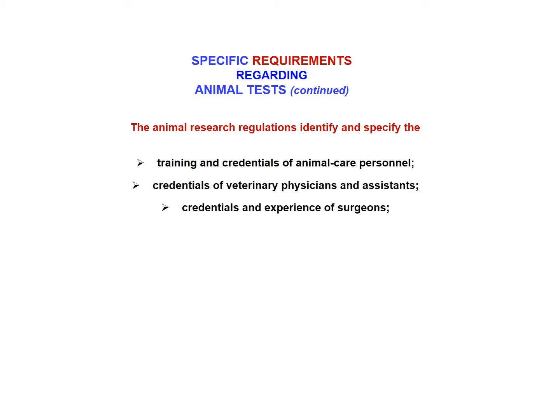The credentials and experience of surgeons, the ones who are going to conduct the surgical procedures to introduce the implantable devices in the bodies of the animals. Last but not least, the credentials and experience of the researchers who are going to conduct the animal trials are also reviewed and must be approved by the appropriate committees.